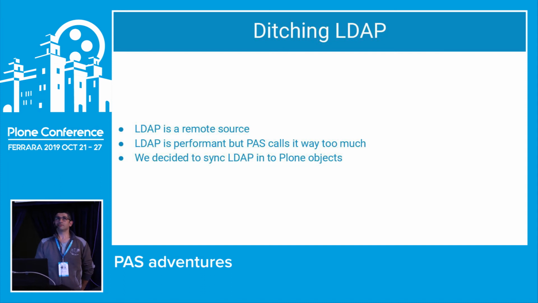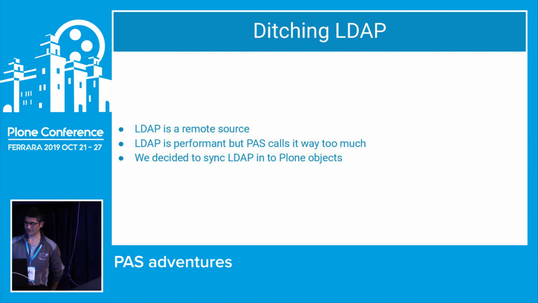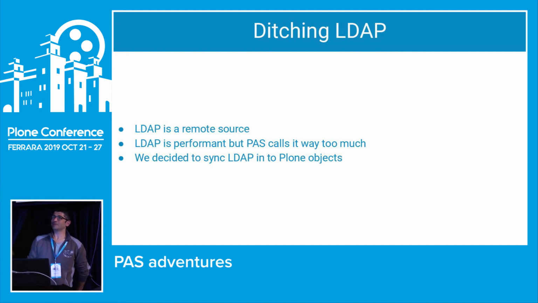Of course, this has some drawbacks, because LDAP is really great, but as we mentioned, we were using it the wrong way, and to get fresh information. But if we could store the LDAP information in Plone, then we could write better and faster plugins to get what we wanted. And basically Membrane ones. So we were removing one plugin from the game.